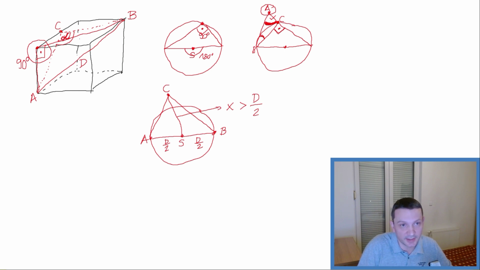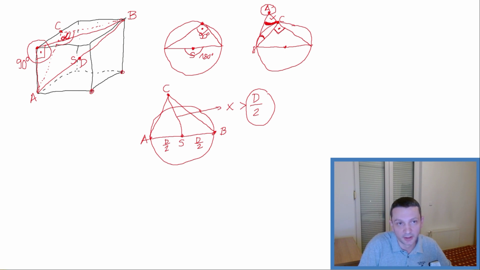So this S is in the center of the cube, and there are no points on the surface of the cube which are at a distance greater than d over 2. d over 2 is the greatest distance. It happens actually in the vertices of the cube.